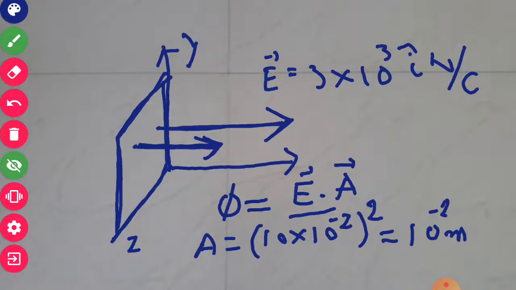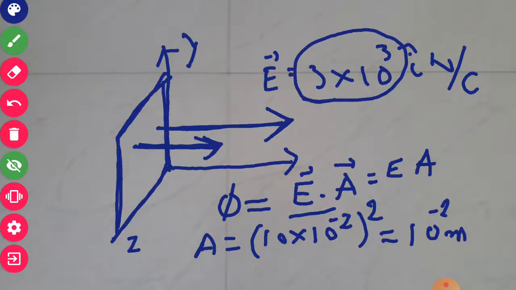Both are in the same direction, so the angle theta between them is 0. So E dot A is E into A only, as cos 0 becomes 1. You just have to multiply the values: 3 into 10 raised to 3 multiplied by 10 raised to minus 2. So you will get 30 Newton meter square per Coulomb.